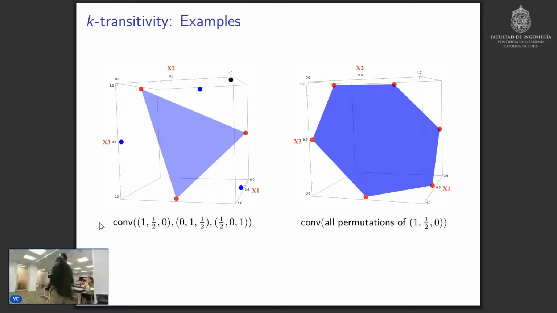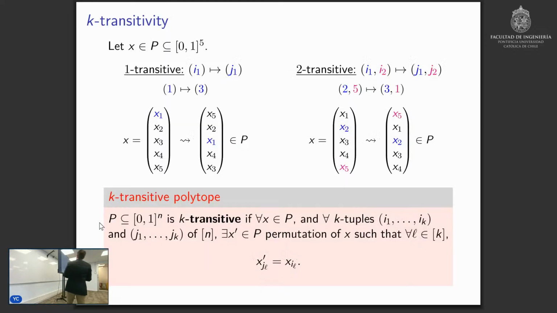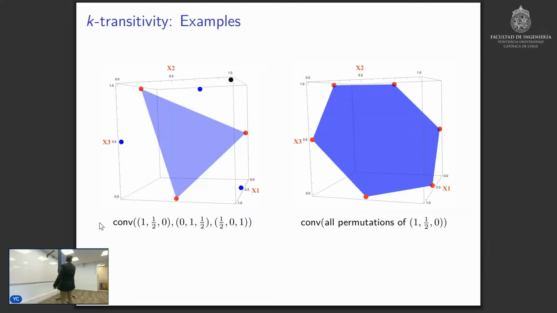So this is an example of a 1-transitive polytope. It's just the convex hull of these 3 points in 3 dimensions, the 3 red points that we have there. Let's take, for instance, the first index, so 1, and then 2. Those are the 2 positions: I1 is 1, and J1 is 2. We want to know that if we take this vector, we can send the 1 to the 2nd position, that there exists a feasible solution where we're doing that.